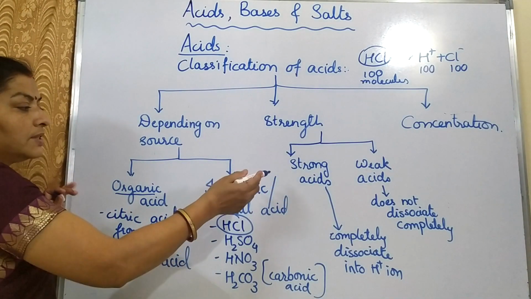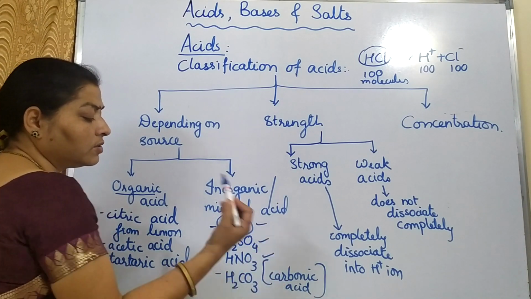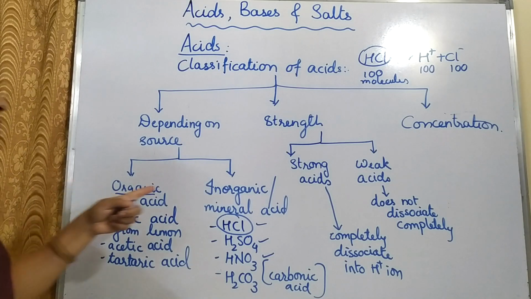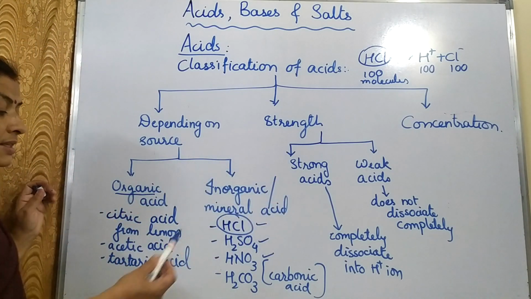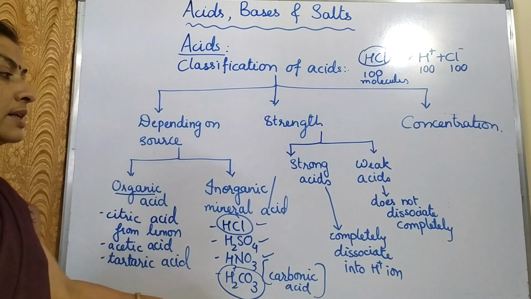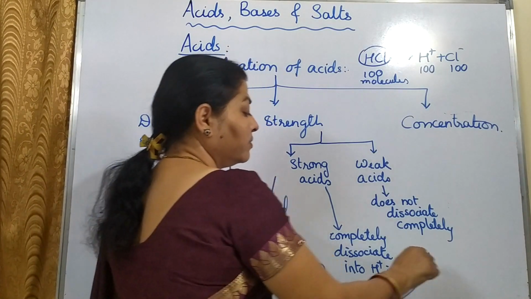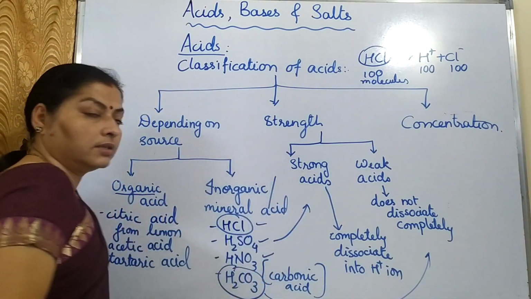So which are the examples of strong acid? HCl is a strong acid, H2SO4 is a strong acid, HNO3 is a strong acid. Most of the mineral acids are strong acids. But still there are certain mineral acids, like carbonic acid, which is a weak acid. All these others are strong acids.